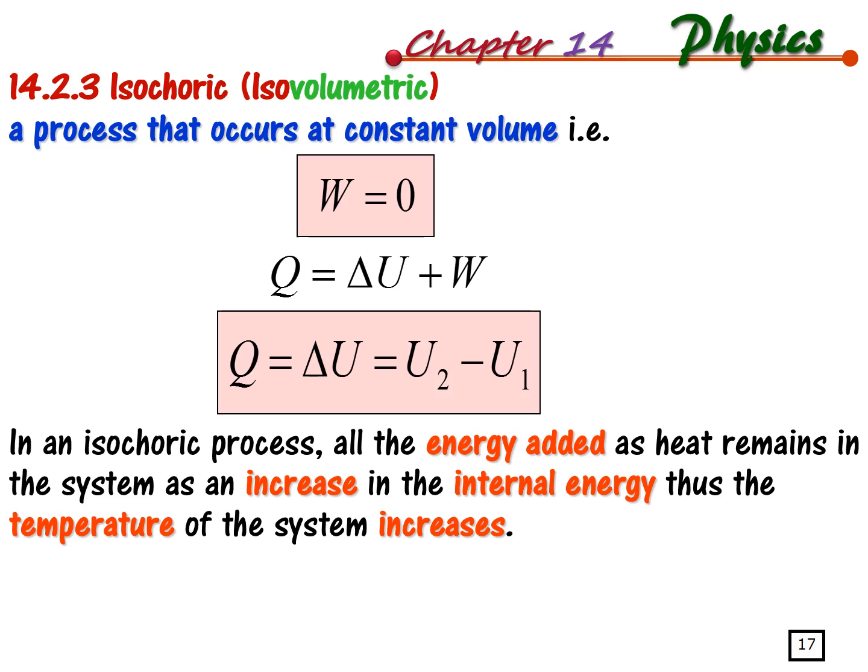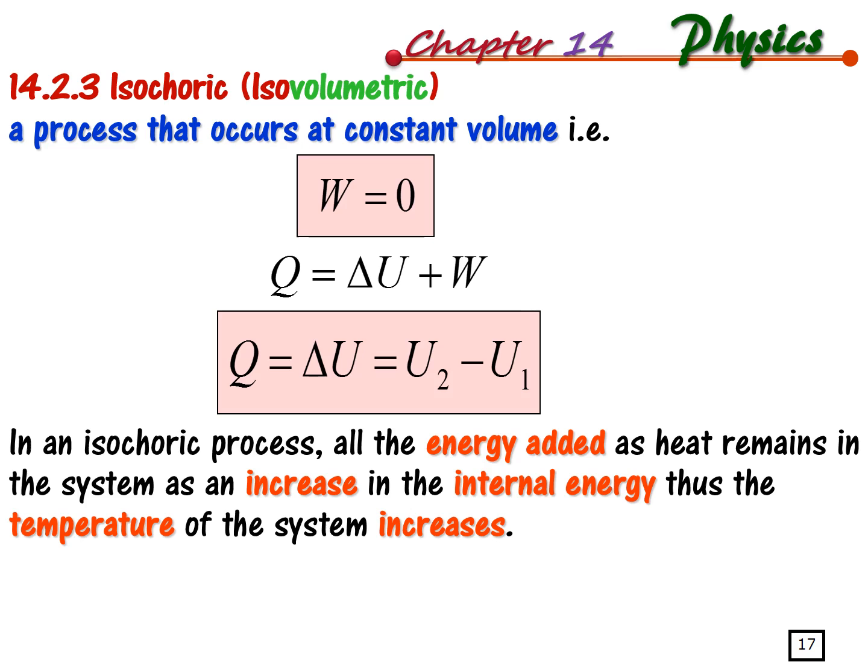For example, heating a gas in a closed constant volume container is an isochoric process. The isochoric or isovolumetric process is related to the gas law at constant volume, which is the pressure law or Gay-Lussac's law.